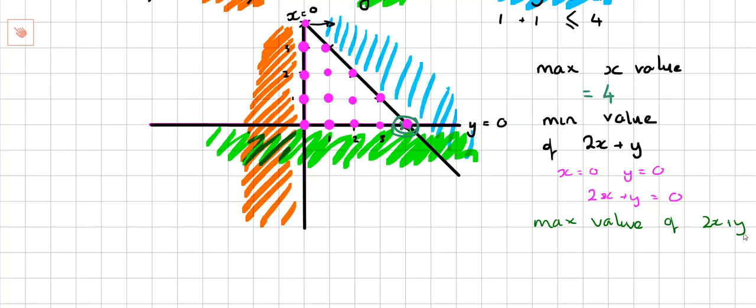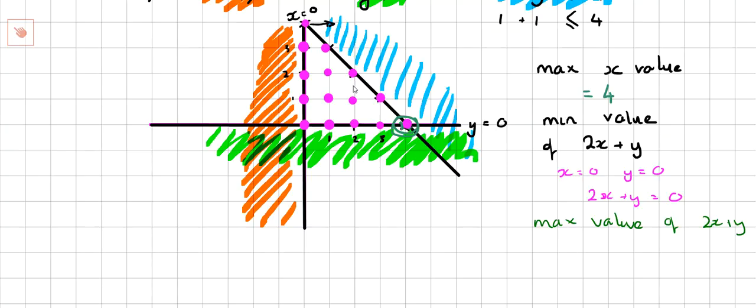Why 12? Because the maximum value for x and y is 4. No, because they have to stick together as a particular coordinate. So I can't pick the x coordinate from one point and the y coordinate from another point. You know what I mean? So these points have to stay together.